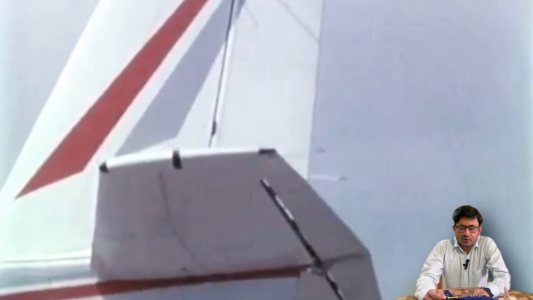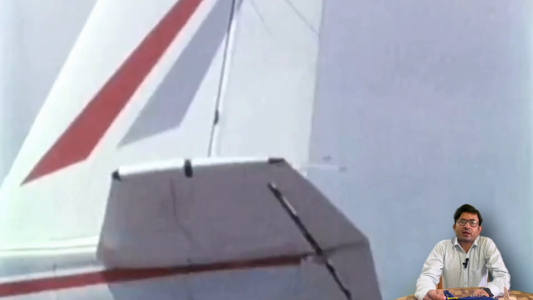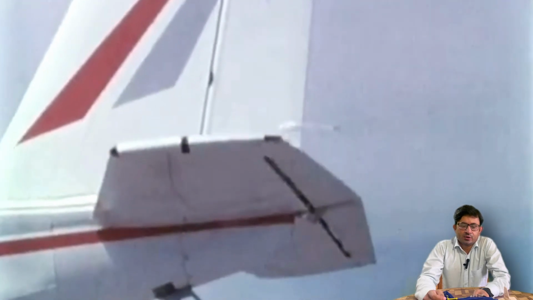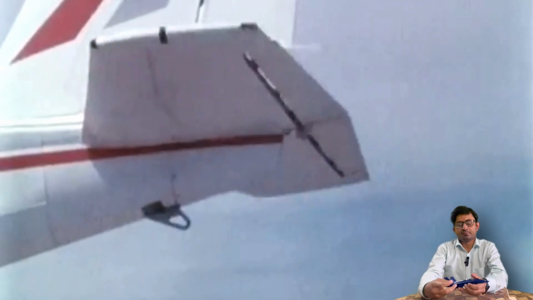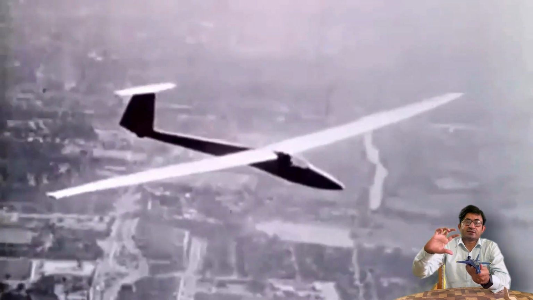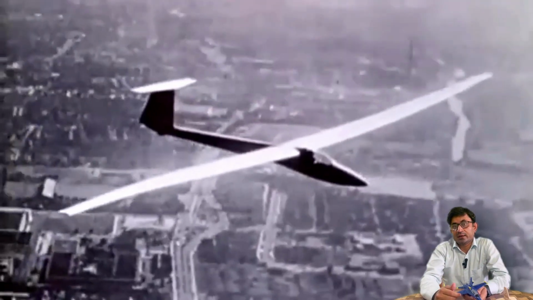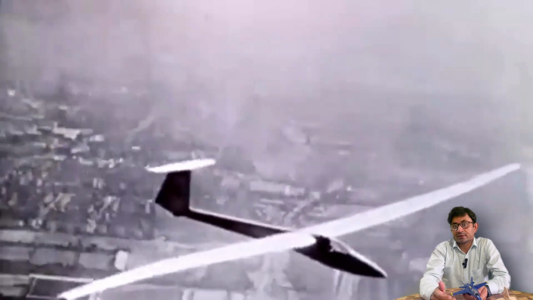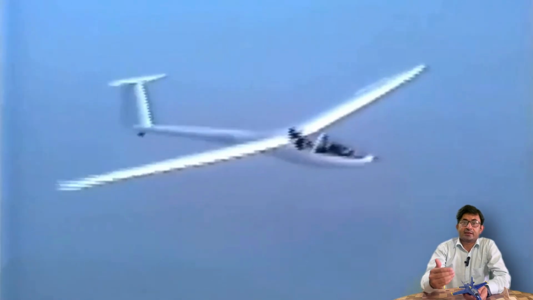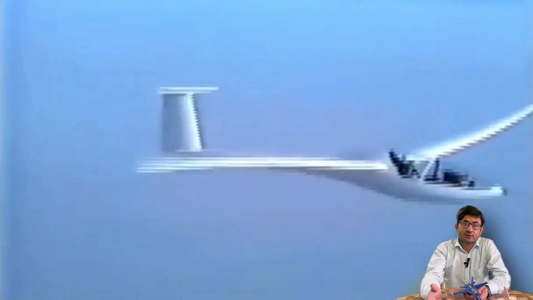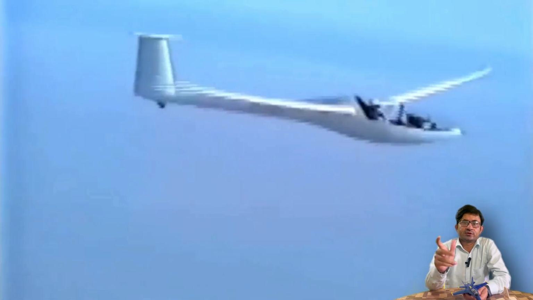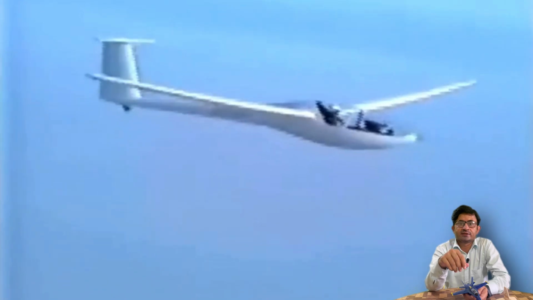So the question is, first, what do you mean by flutter? Let's say, for example, an aircraft is beautifully flying, absolutely no problem. Suddenly, some disturbance comes and the aircraft suddenly bends upward. So what happened? Angle of attack increases, lift increases, and the increase in lift will try to produce a twist about the torsional axis. Then, due to this twisting effect, angle of attack decreases.